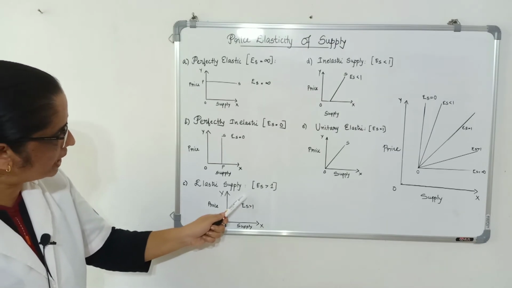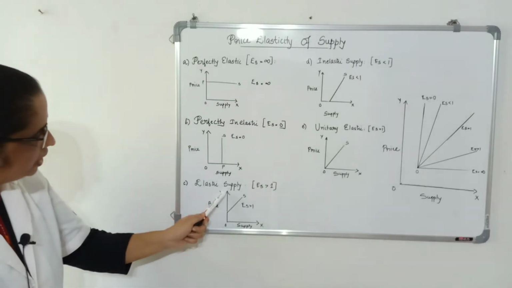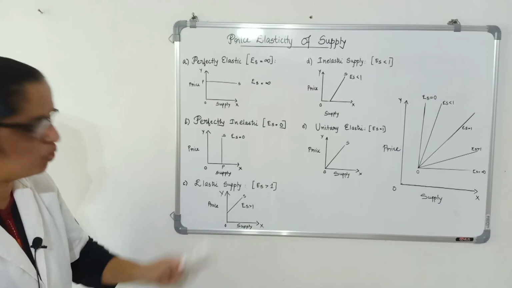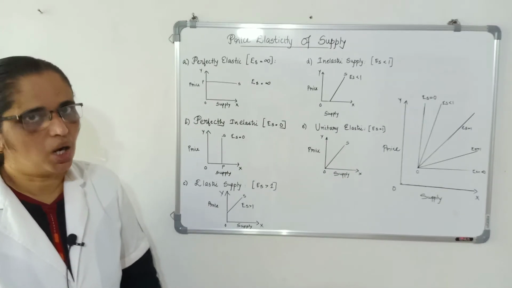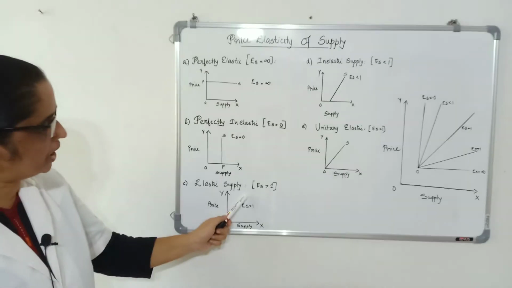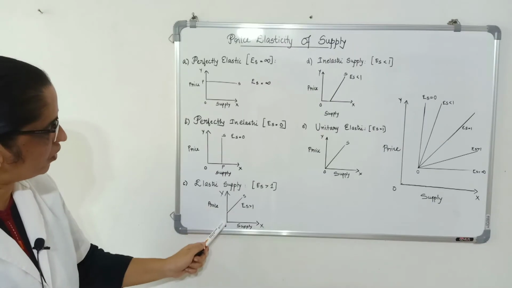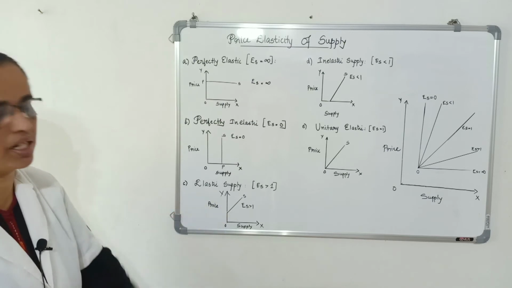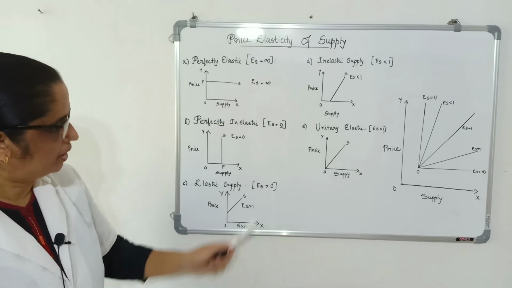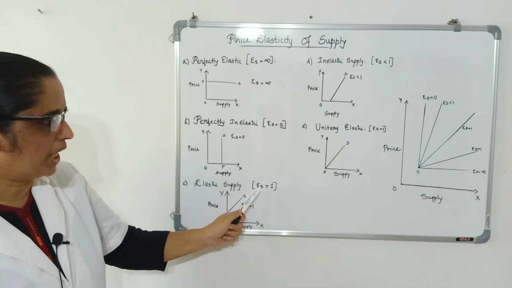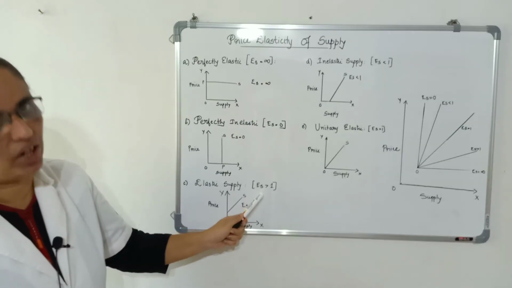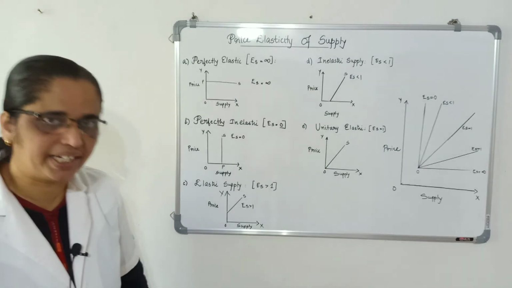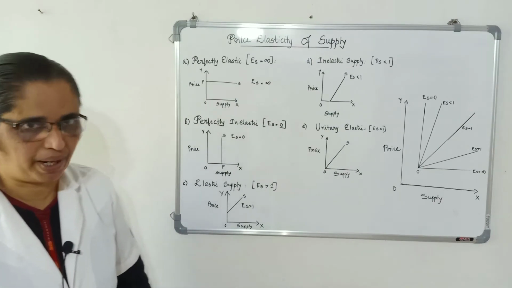It's an upward sloping supply curve starting from the y-axis, or extending towards the y-axis. Such a curve means elasticity of supply greater than 1. That is, percentage change in quantity supplied is greater than percentage change in price.